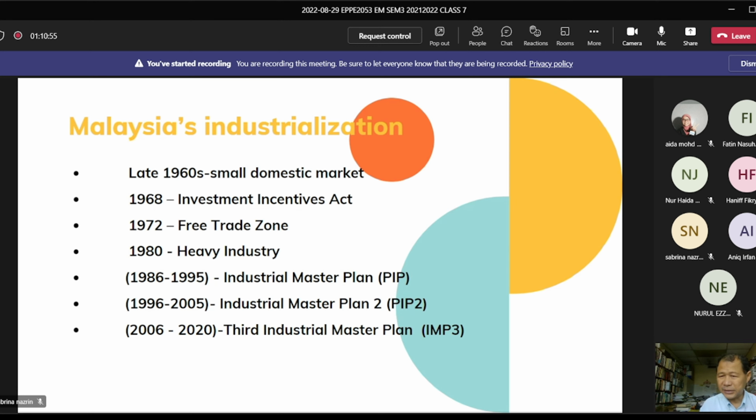So by 1985, the first prototype of the Proton Saga came out from the factory. The first Proton Saga came out by 1987 or by 1985, so you don't have to remember that.